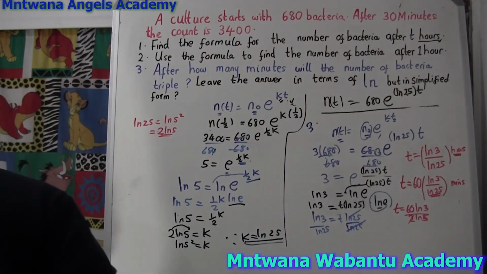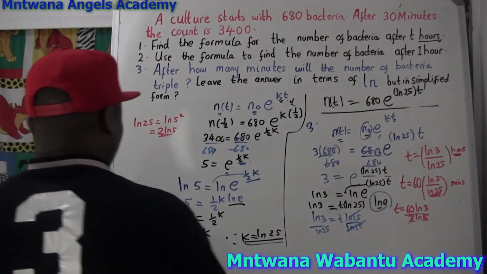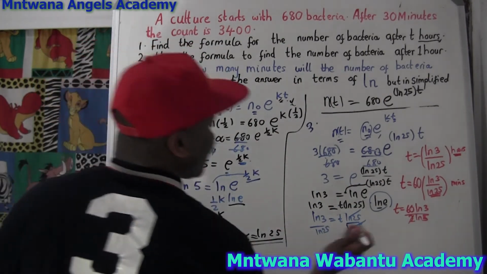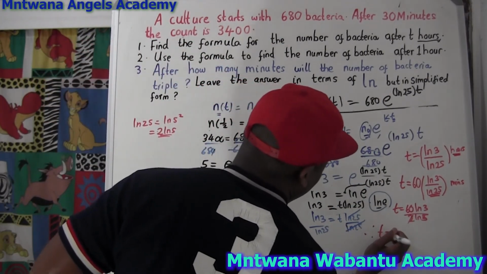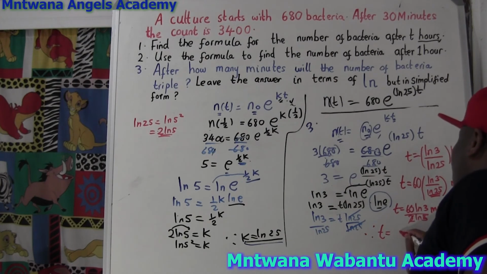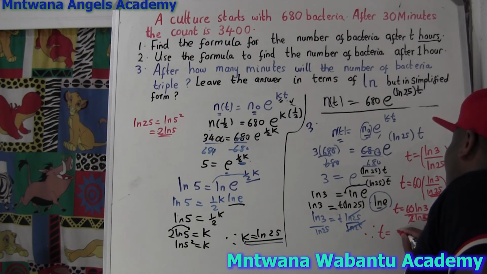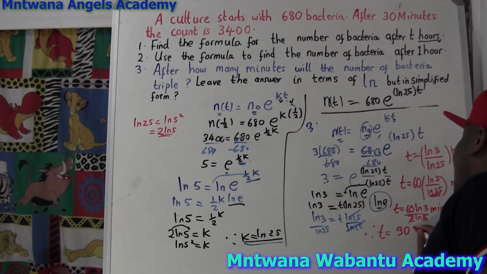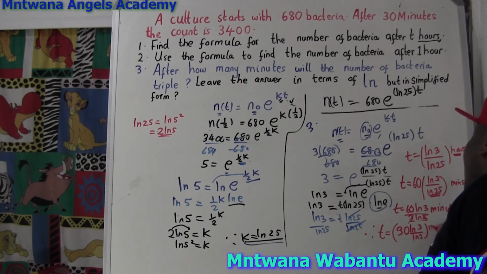So the final answer is going to be, this is in minutes, right? In minutes, it's 30 ln of 3 over ln of 5.